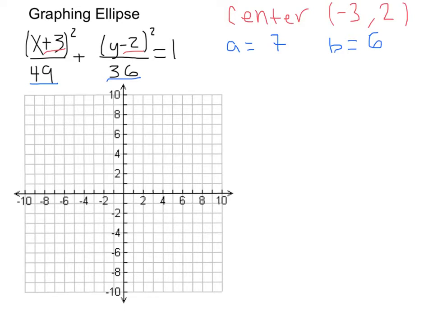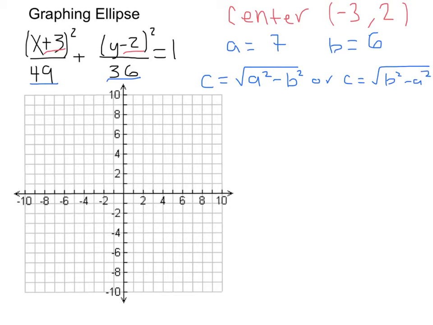And the last thing we need to help us find our foci points is the c value. So we're going to use one of two equations. c equals the square root of a squared minus b squared, or c equals the square root of b squared minus a squared.